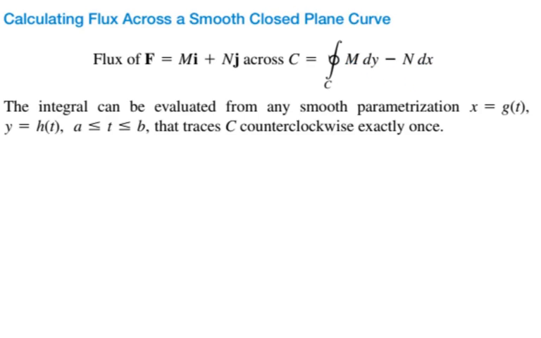So we have M times the derivative of y with respect to t and N times the derivative of x with respect to t, and these are both coming from my parametrized smooth curve r. And of course we have our bounds, t between a and b. So again, we have our definition for calculating the flux of this force field across some path C, as long as it's a smooth, closed plane curve.